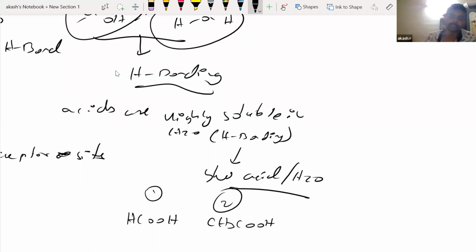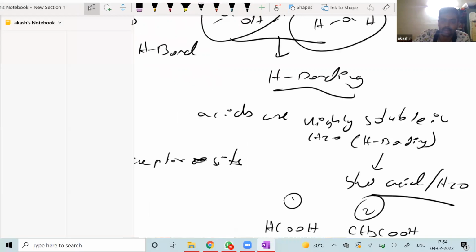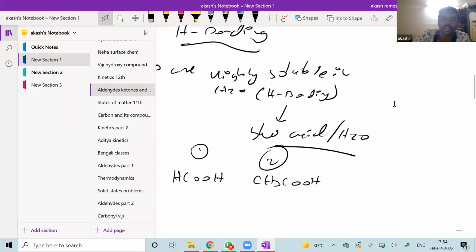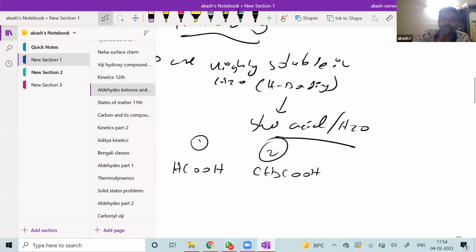So try to remember it and tell me which one will be more soluble in water: HCOOH or CH3COOH, compound number 1 or compound number 2. Go to your chat box and put your answers. 1 is HCOOH and 2 is CH3COOH.